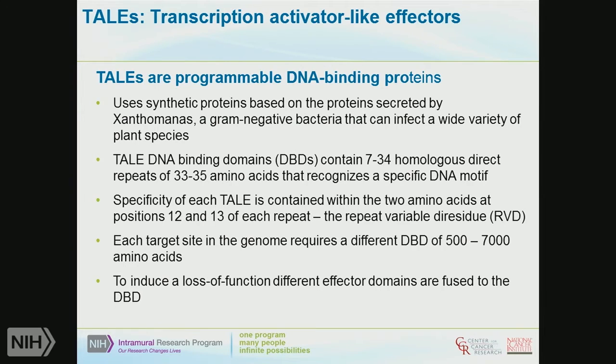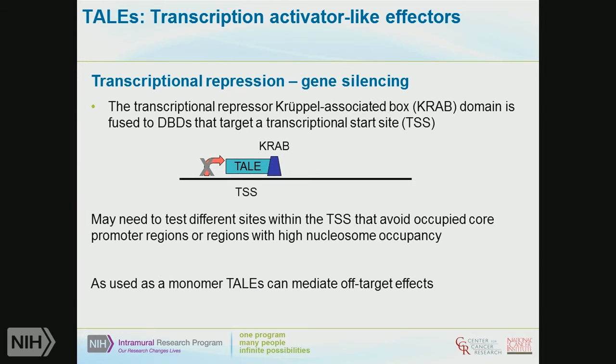Now, you can put different domains on these to induce different effects, but most induce a loss of function effect when using an effector domain such as the Krüppel-associated box, or the KRAB domain. When this is fused to the TALE and you are looking at a site close to the transcriptional start site, this will block transcription.